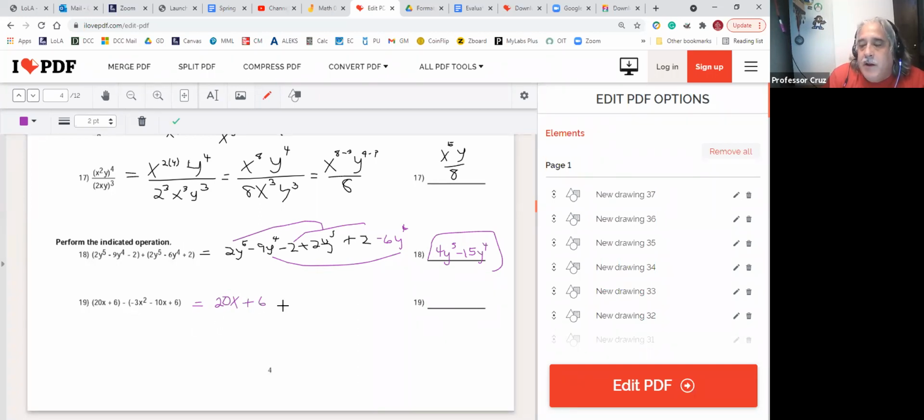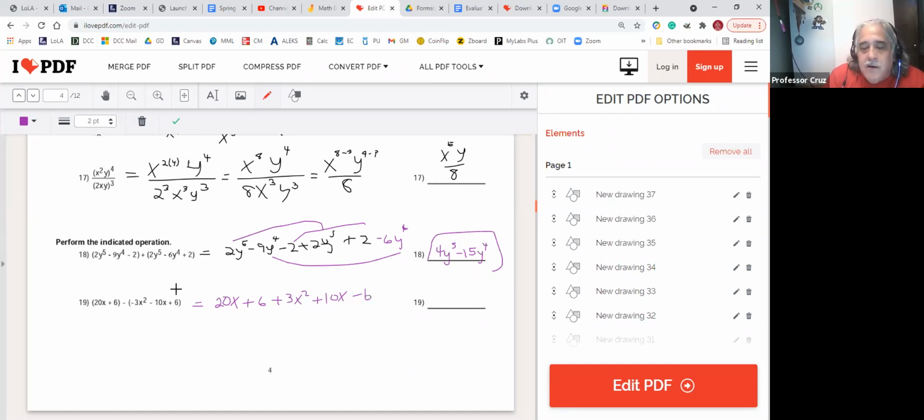Minus a minus 3x is a plus 3x squared. And then minus a minus 10 is a plus 10x. And then minus a positive 6 is just a minus 6.